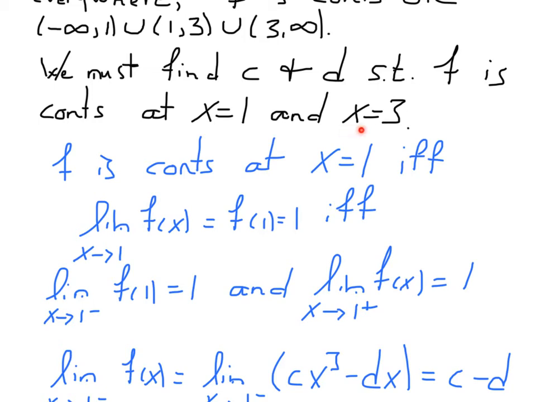But we also need f to be continuous at 3. And choosing c and d so that f is continuous at 3 will give us another equation in C and D. So let's take a look at this part here. We want to find C and D now such that f is continuous at 3.